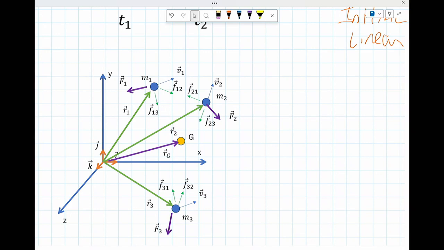I also have a number of external forces, listed in purple, F1, 2, and 3. The distances with respect to an XYZ coordinate system with unit vectors i, j, and k are R3, R1, R2 to each of those. I haven't talked about G yet, but I'll talk about that soon.